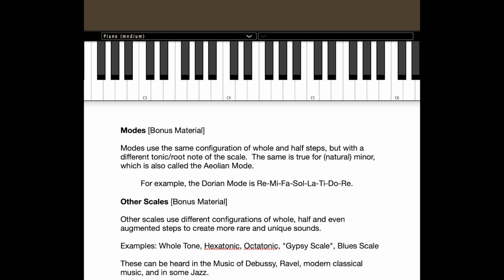So you can do that starting anywhere, and these scales have the same arrangement of whole and half steps, but now the starting place of your tonal center is going to give you some different qualities to these scales. So D Dorian mode is kind of like D minor, but with a raised 6.